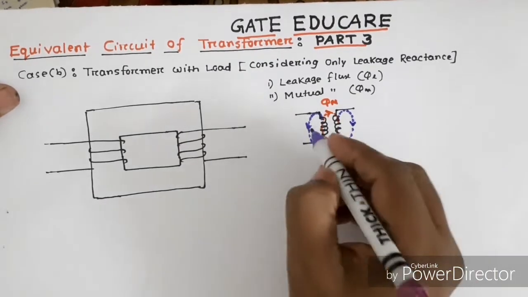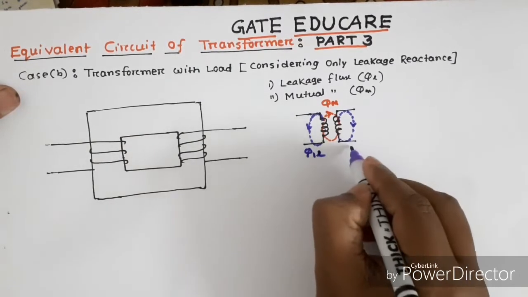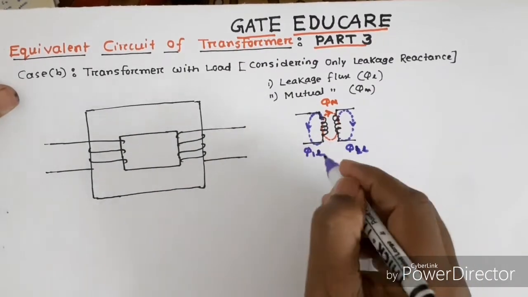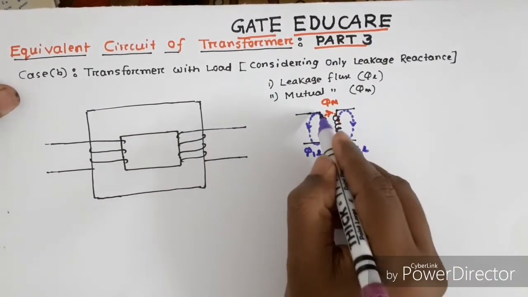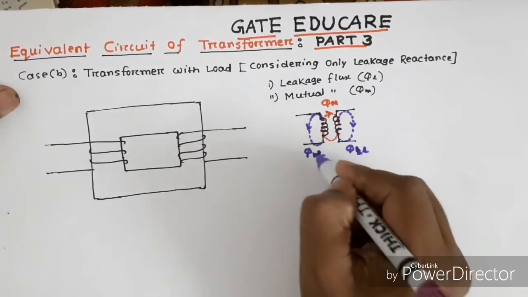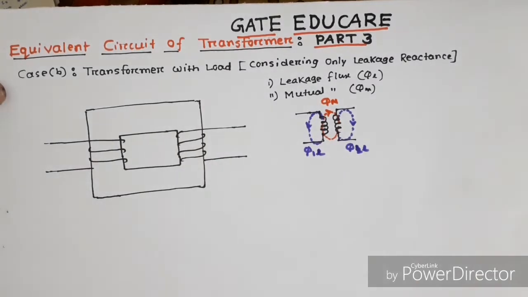These two fluxes are called leakage flux. The flux which links only primary winding or only secondary winding but not both is called the leakage flux.